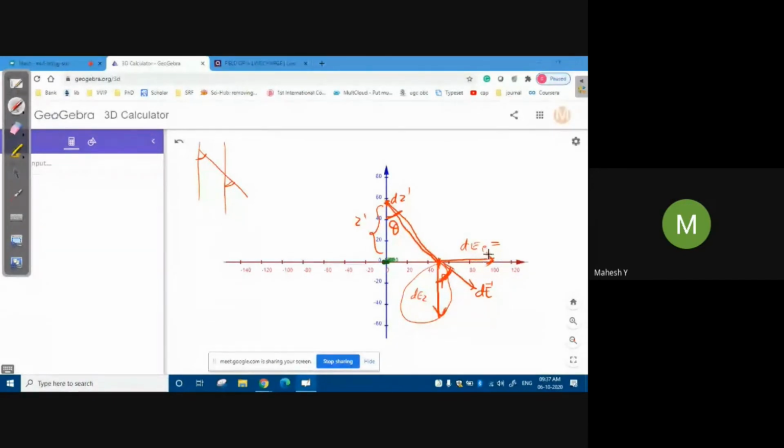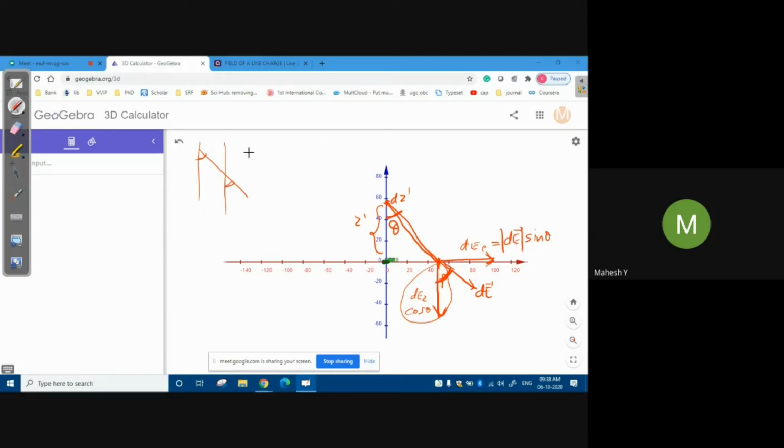What is dE rho? The adjacent component is cos theta component. The opposite component is sin theta component. So I want the length of dE, so dE sin theta. I want only the magnitude, so magnitude of dE sin theta.